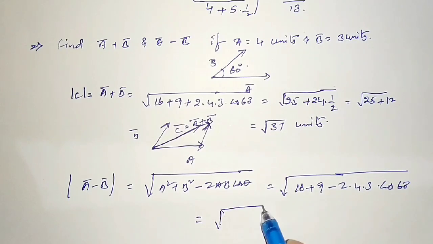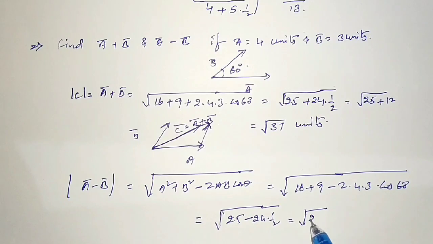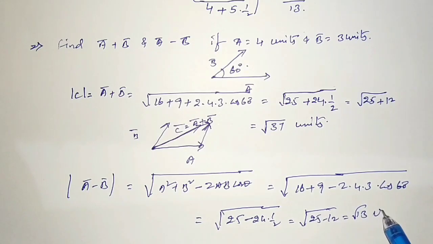That is root over 25 minus 24 into 1 by 2. That is root over 25 minus 12. That is root 13 units, the a minus b vector's magnitude.